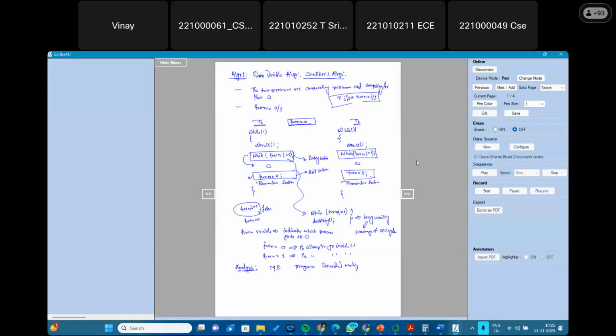We have another property, portability or architectural neutrality. Okay, for the time being, you consider this one.